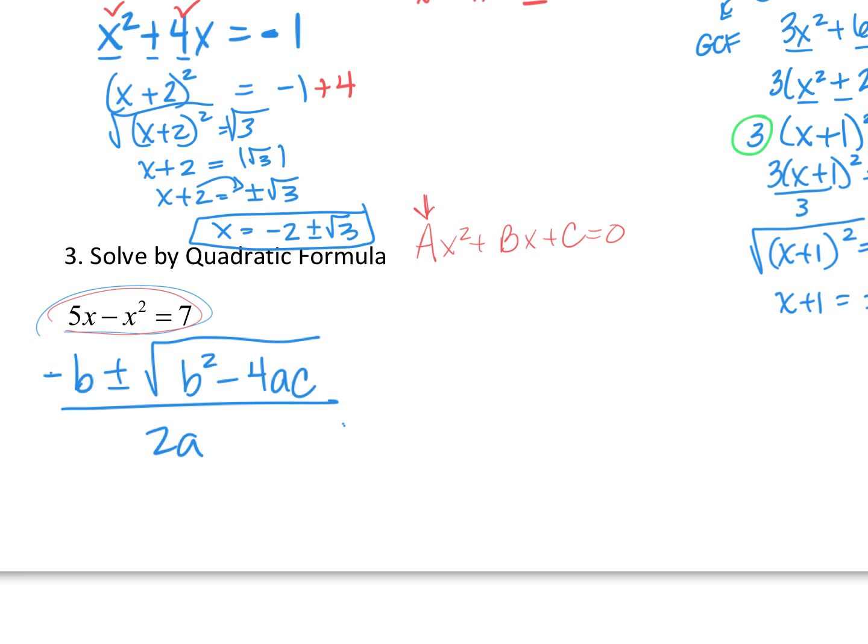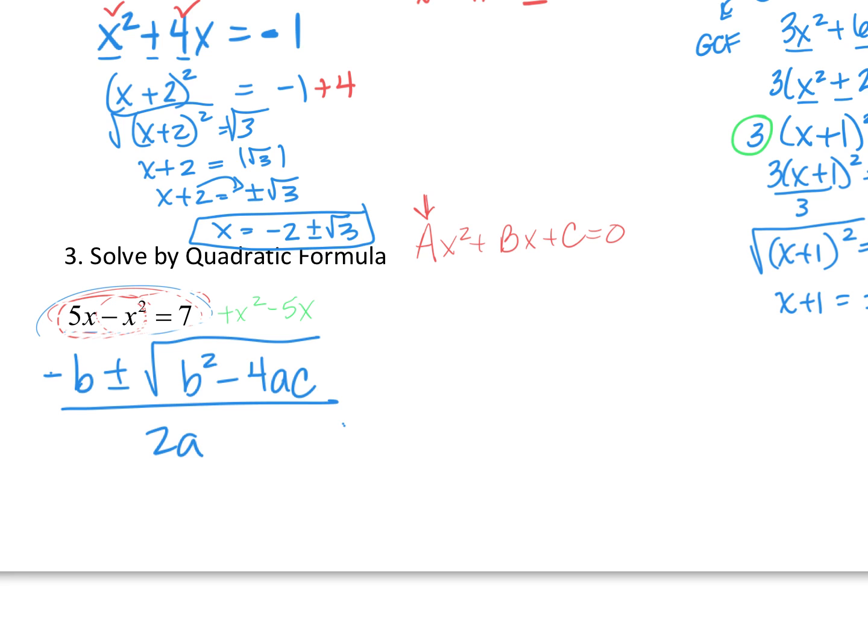So should I leave the x squared over here? Put it on the other side. Why do I need to put it on the other side? Make it positive. Make it positive. So if I'm going to move that one, I got to move everything over, don't I? Yep. Okay, so let's do that. That means I'm going to add x squared and I'm going to subtract 5x.